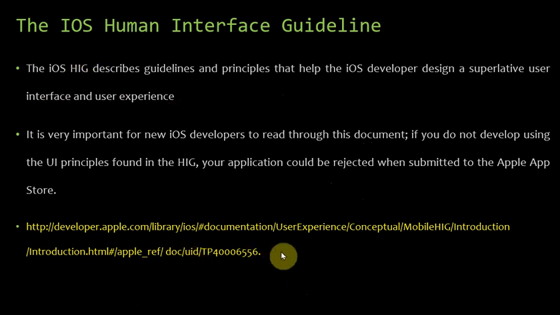This document is available at this particular path: developer.apple.com, library, iOS, documentation, experience. At this path you have the HIG document, which is a must for the developer to read before actually developing the application.